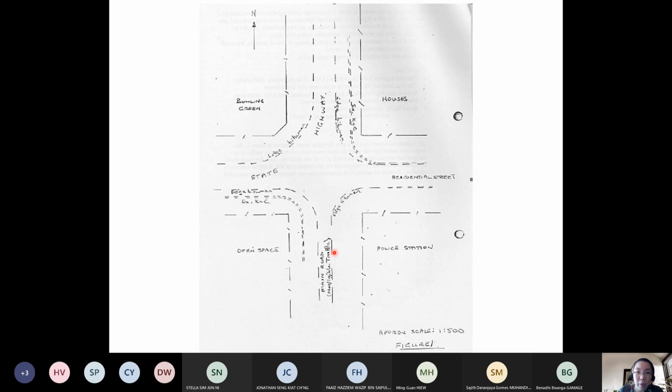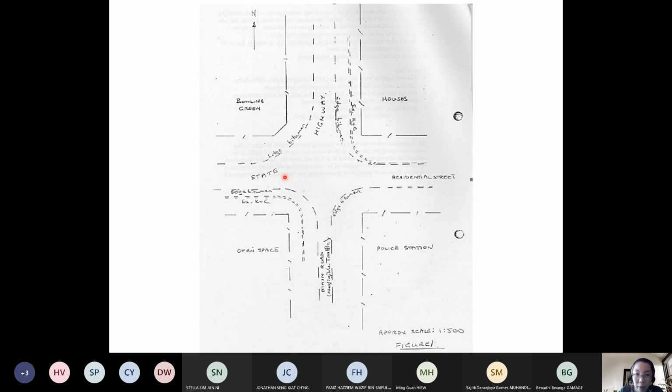So what this question is asking you is basically to put in line marking. Currently, you don't see any line marking here. What we want out of this is to put in line markings to do channelization, either raised traffic island or just painted on the surface of the pavement, but to do some form of channelization so that state highway users will have the priority, meaning the drivers from here can travel smoothly into north, and the drivers from north can travel smoothly into west.